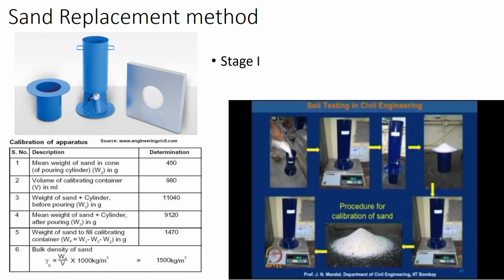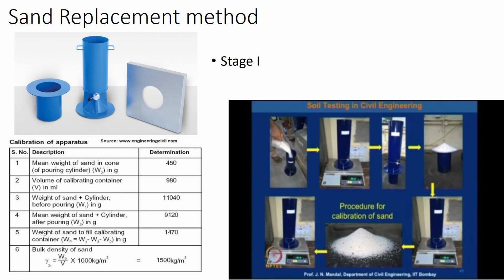So you fill the sand in the sand pouring cylinder, and measure the weight of the cylinder and the sand. Then you place it on the calibrating can. You place this cylinder on the can, and you open this shutter. Once you open this shutter, the sand will flow freely into this.